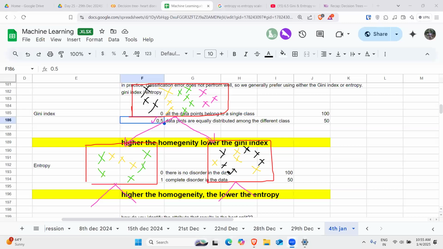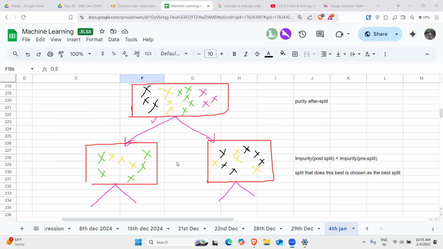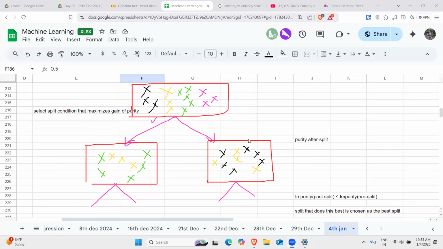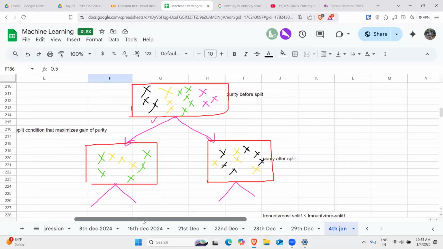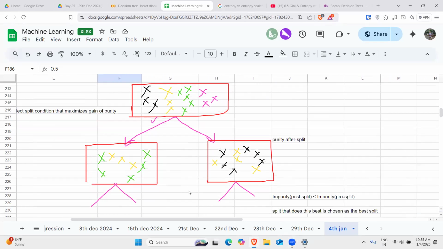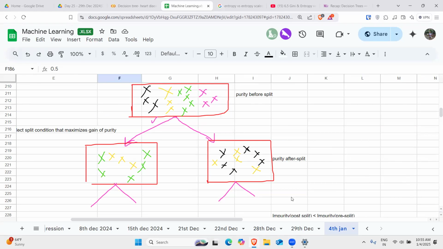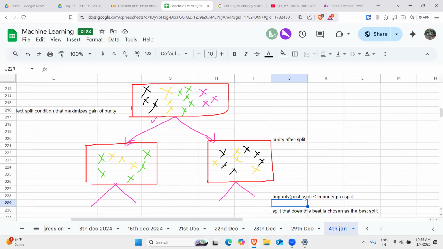No issues. Now, what we are talking about is this concept: this is my purity before split, and this is my purity after split. My criteria is that impurity post split should be less than impurity pre split, right? Our main agenda is to gain pure nodes.